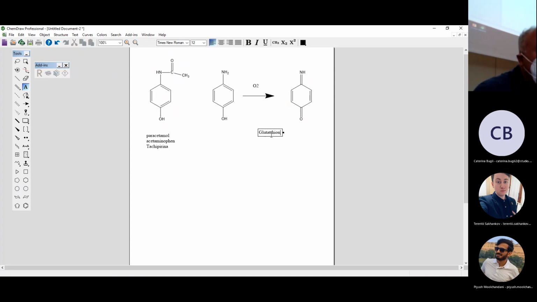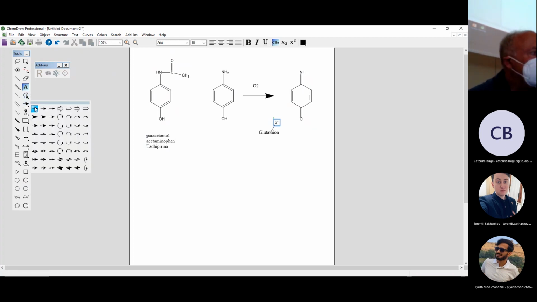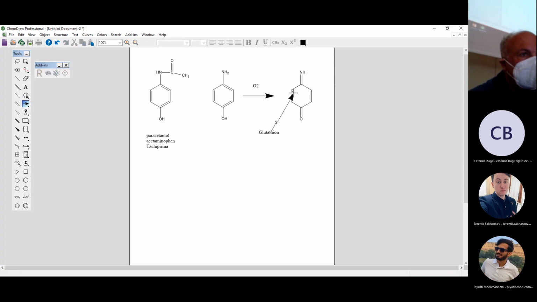It is characterized by an S- group. Glutathione can give an attack on the alpha-beta unsaturated carbon atom to block the reactivity of the iminoquinone. But the quantity of glutathione in the cells is limited.